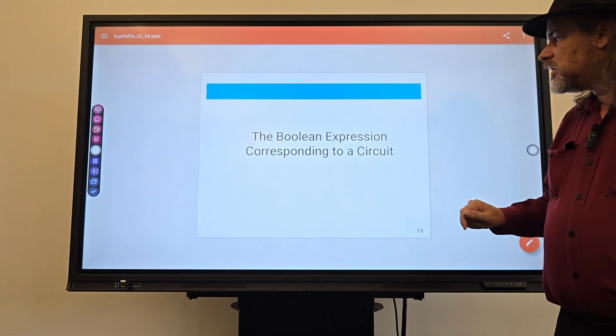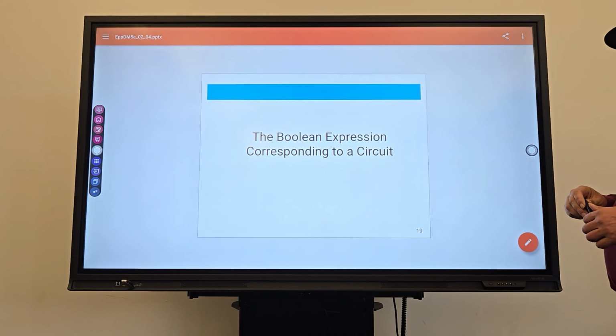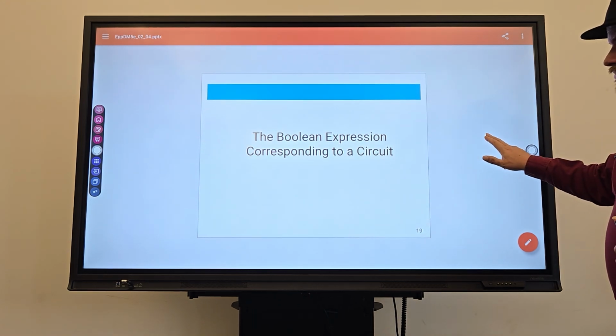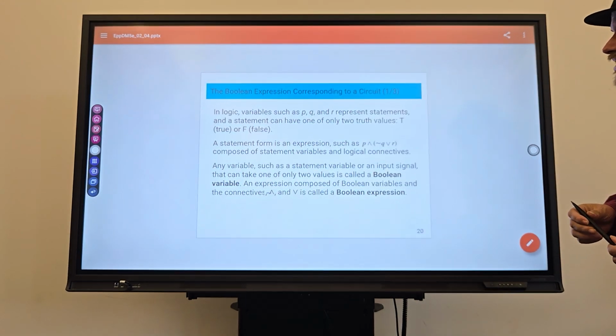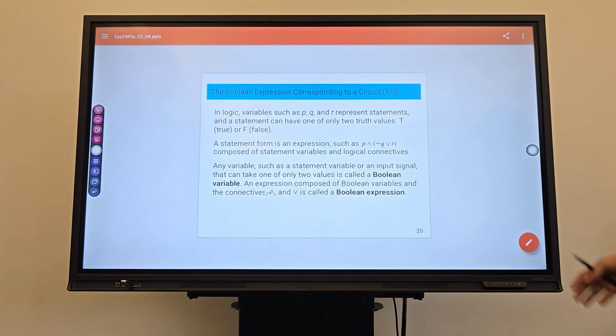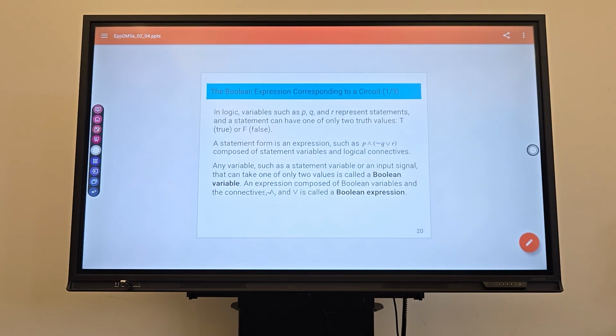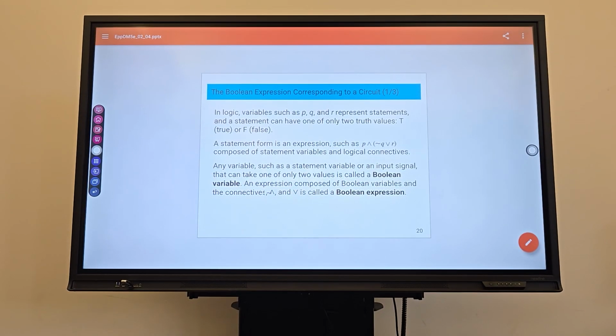So the Boolean expression corresponding to a circuit. In logic, variables such as P, Q, and R represent statements, and they have only two values, true or false. A statement is the variables with connectives.